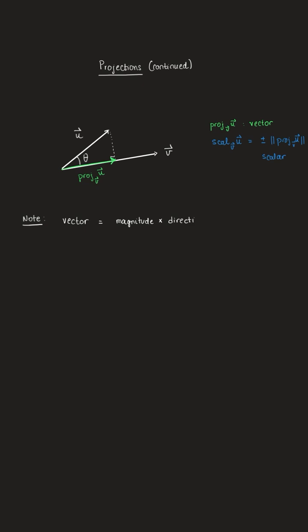So for example, let's suppose that I have some vector v. Its magnitude is denoted as double bars v, right? That's the magnitude, tells us how long the vector is. Well, what is the direction? Well, the direction of a vector is actually the unit vector in the same direction.